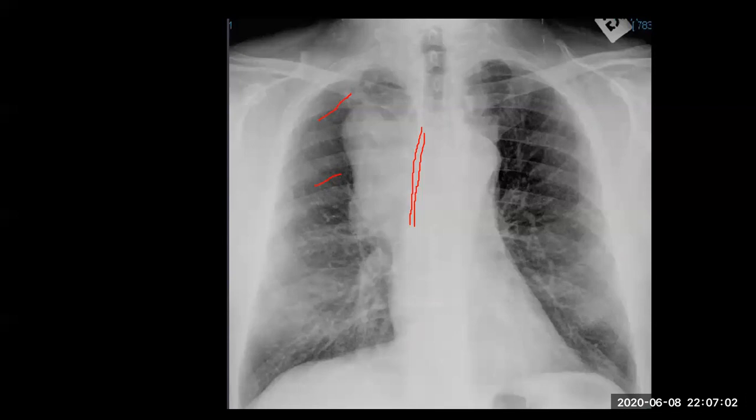Incomplete border sign. So the mass here is located in the anterior mediastinum.